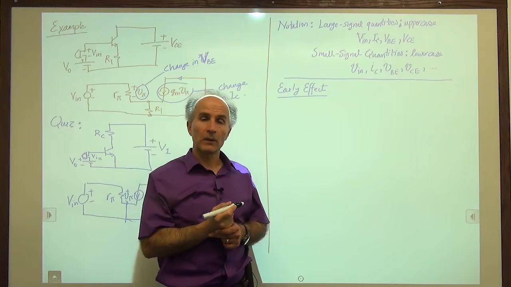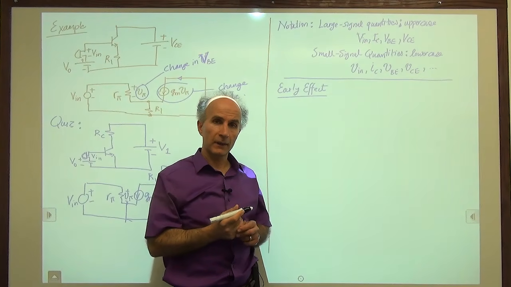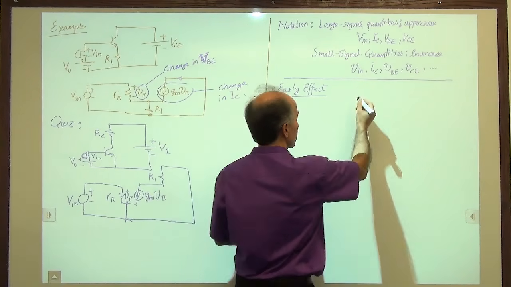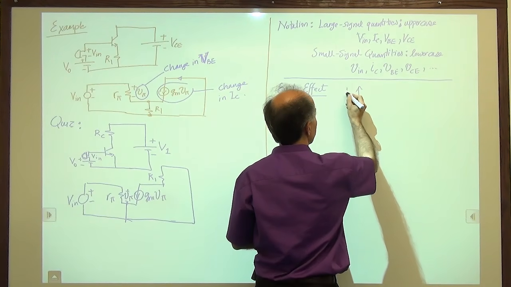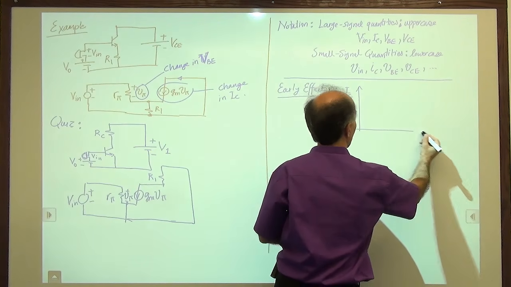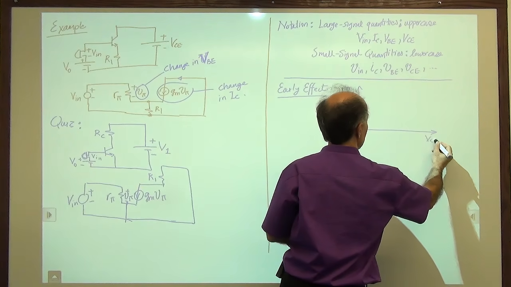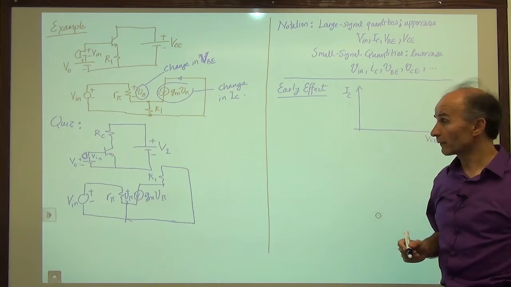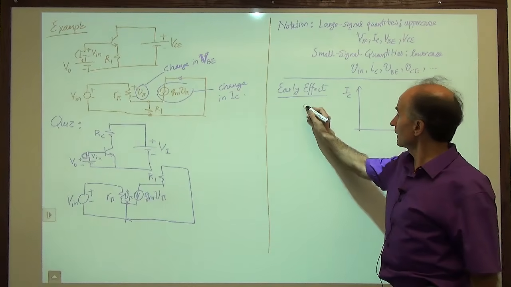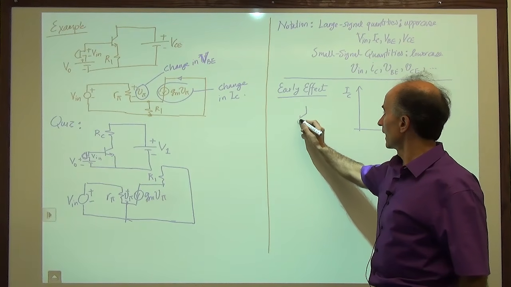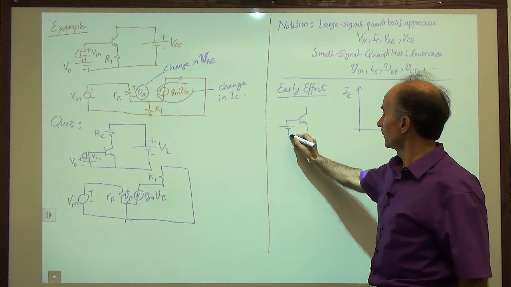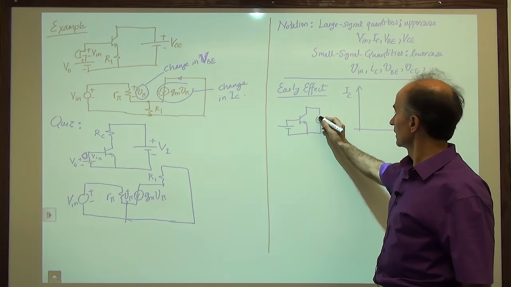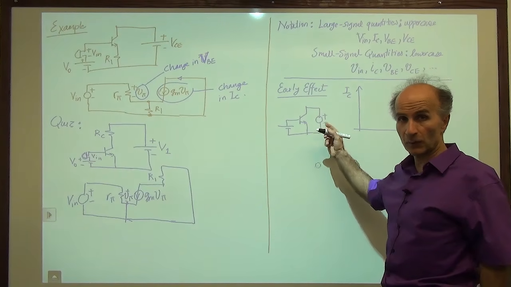Okay, so let's remember what the characteristic of the bipolar transistor looks like when we consider IC as a function of VCE. So what we remember is the following. If I take a bipolar transistor and connect a constant base emitter voltage to it, but use a variable voltage, sometimes we draw the variable voltage by a circle.